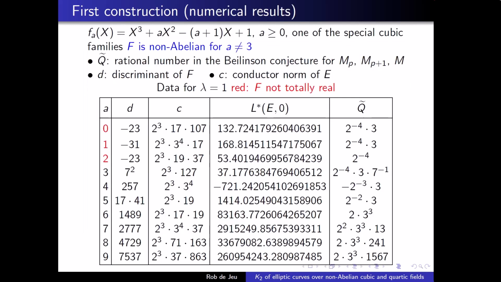So let's look at some numerical results. Right, so remember that we had this L function at 0, a star, and this was Q times the regulator of the supposedly finitely generated integral K group. And of course, we don't know we have the full thing, but if we believe the conjecture to have something of finite index, then the Q has been replaced by a Q tilde.